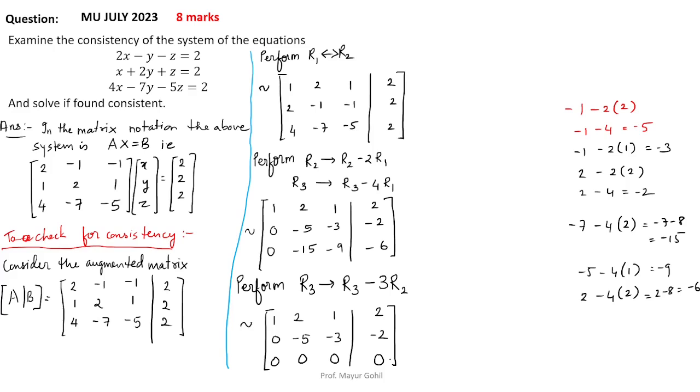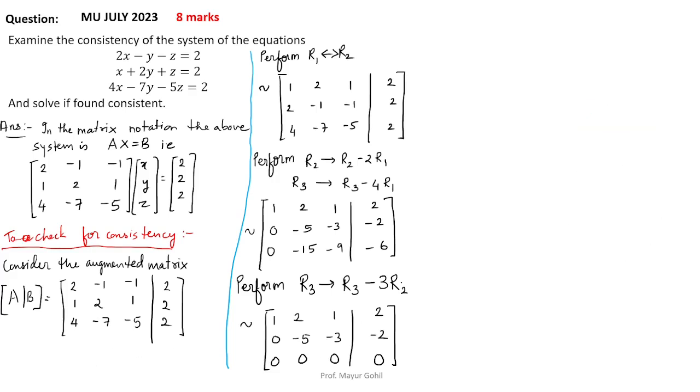So that's there. So this is what we have got, and this is the ultimate. After this there is no point in solving further for row echelon form, because this is the row echelon form right now. So now we go for the analysis portion and solve if found consistent.